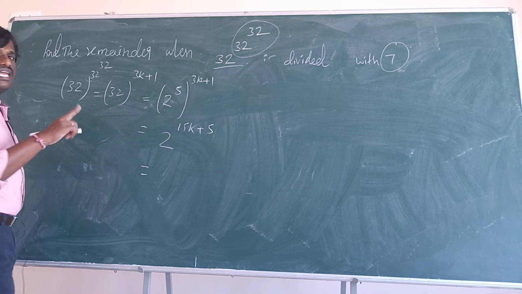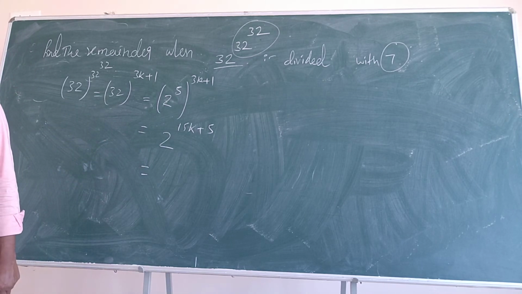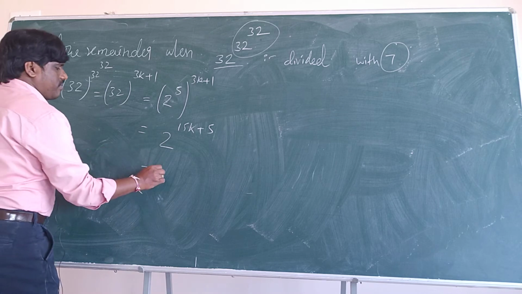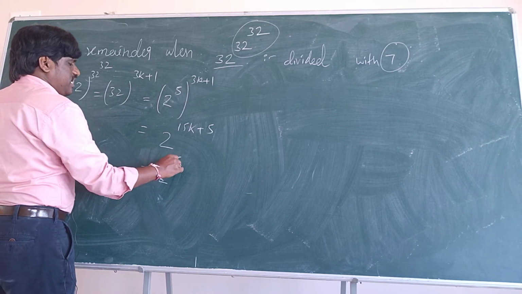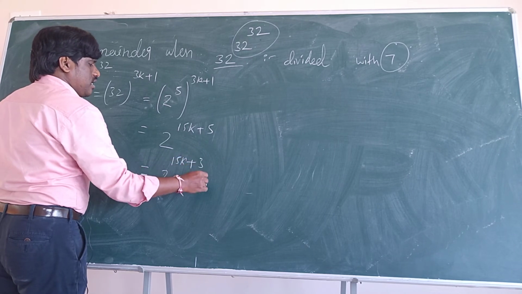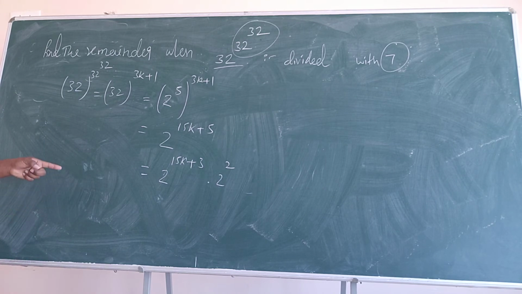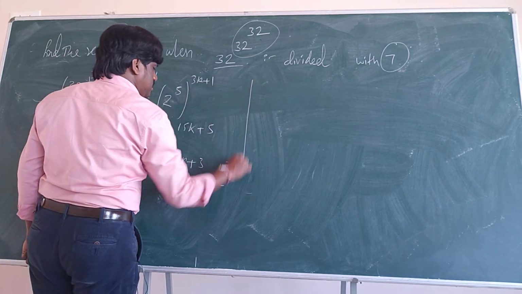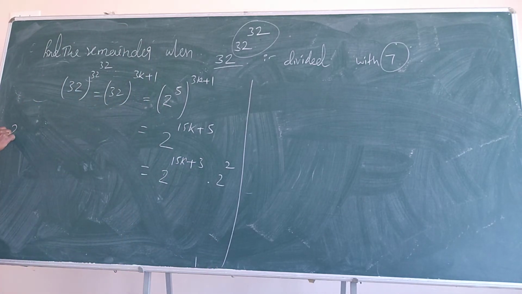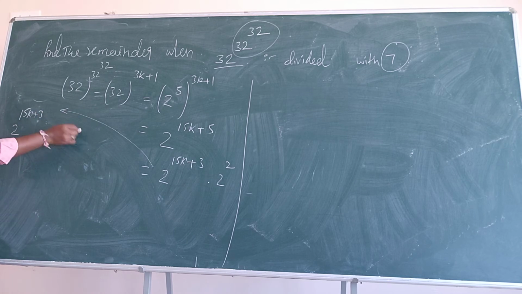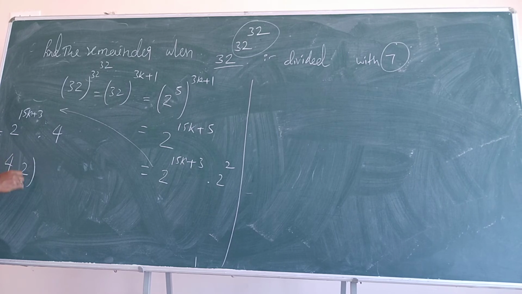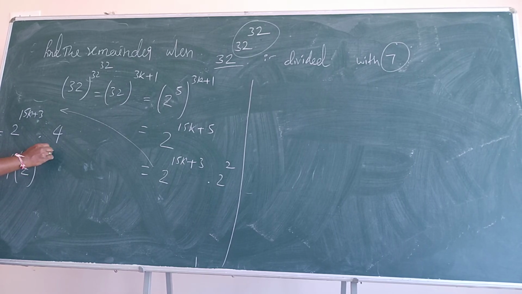But I have to get 3 common in this. So to get 3 common, I can write 2 to the power of 15k plus 3, into 2 squared. Can I write like this? Right? So what happens here? 2 to the power of 15k plus 3, into 4. I can take 3 common here and write 5k plus 1.